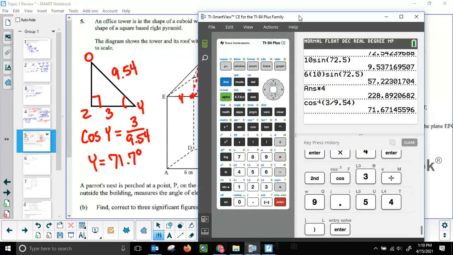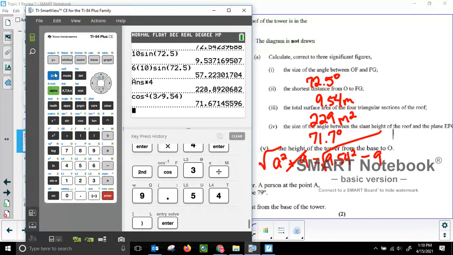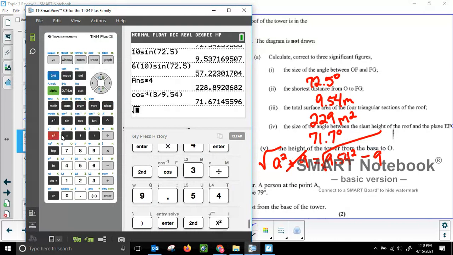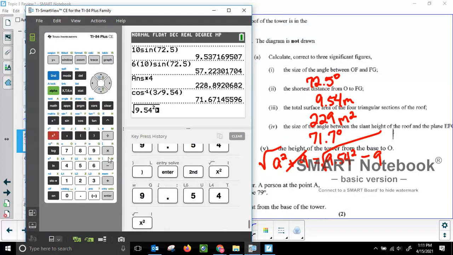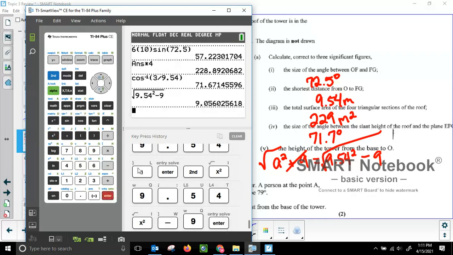All right, so we're going to get the square root of 9.54 squared minus 9, and that will be 9.06.